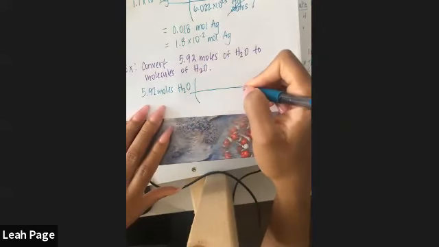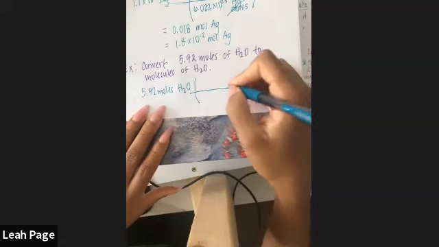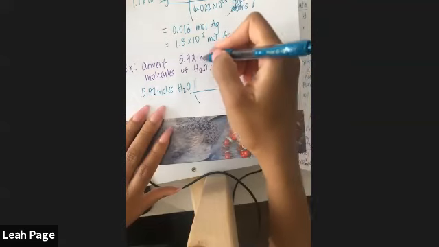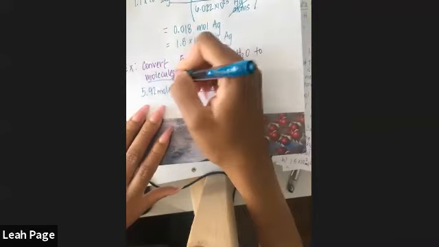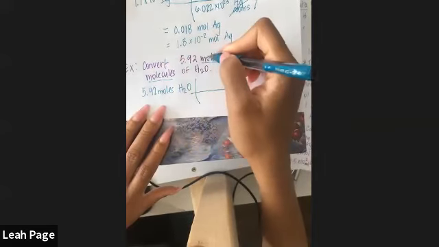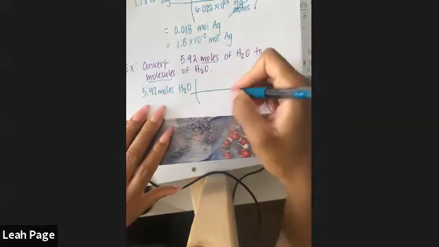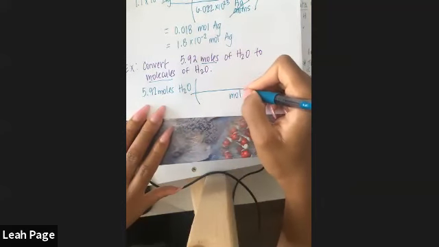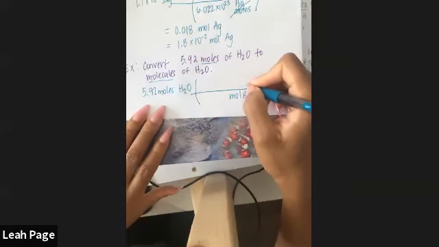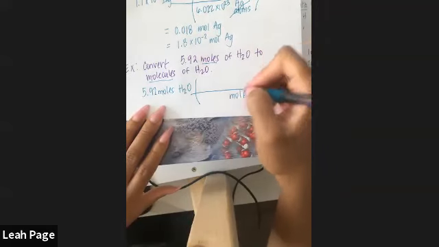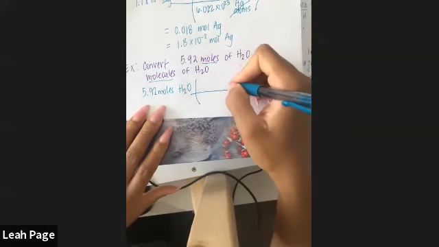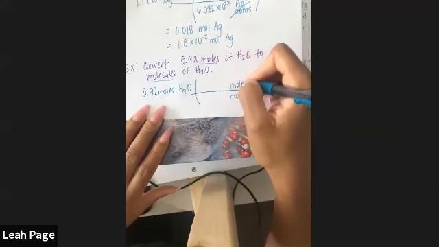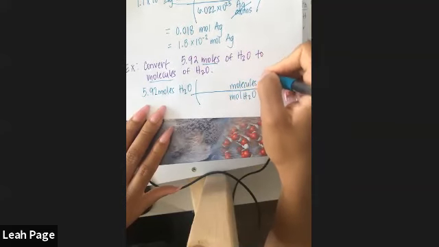Moles of H2O. Although these are similar words, they do not mean the same thing. Moles is different than molecules. So at the bottom should go moles of H2O. And then what goes at the top? Molecules of H2O, because that's what we're looking for.